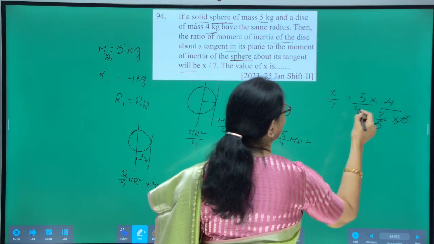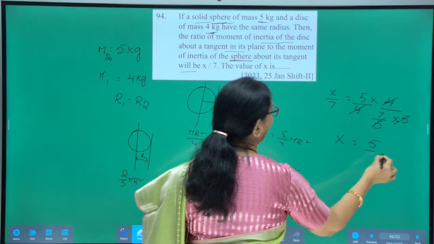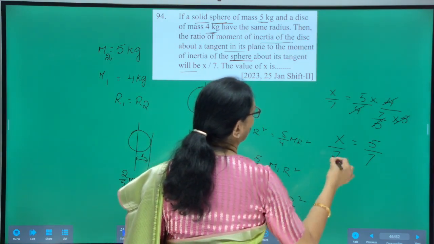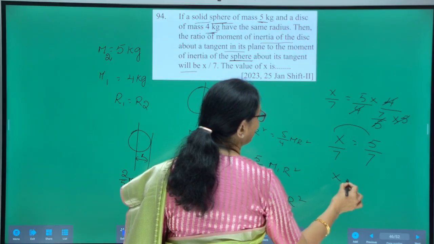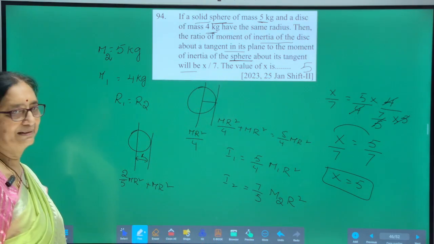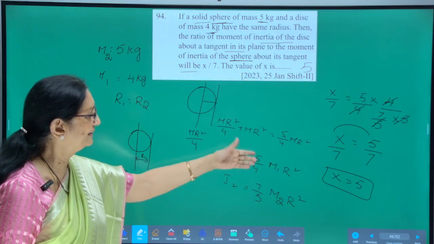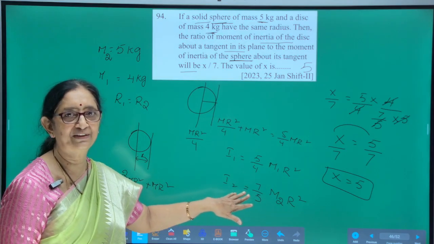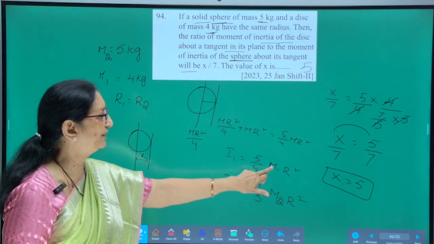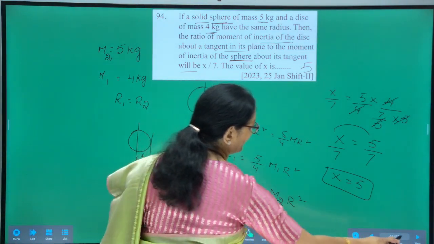This and this get cancelled, this and this get cancelled, and x by 7 is equal to 5 by 7. So, x is equal to 5. That is the answer for that problem. Is it all right? The ratio of the moment of inertia of the disk about the tangential axis to the moment of inertia of the solid sphere about the tangential axis is 5 by 4 into mass of the disk by 7 by 5 into mass of the solid sphere.